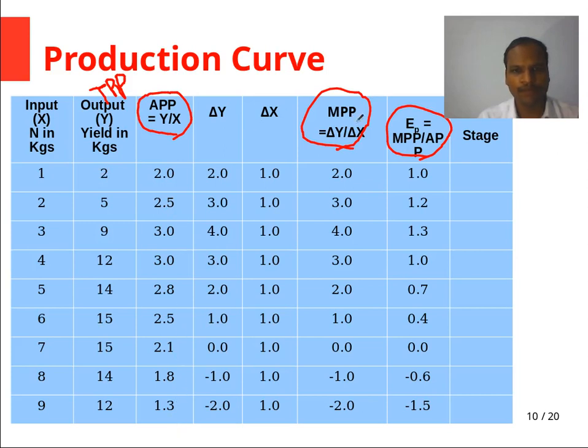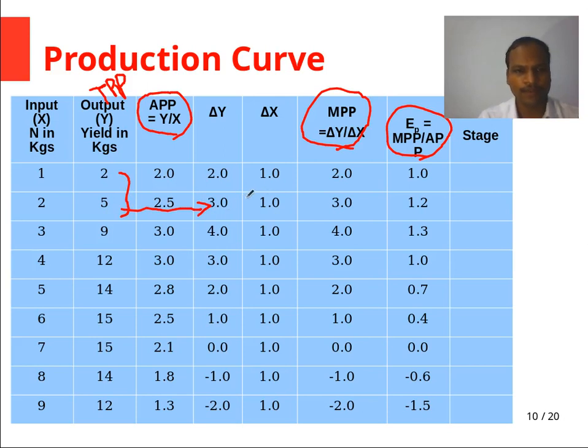For finding MPP, we have to use the formula delta y by delta x. So delta y is nothing but change in y. So change in y is calculated by the formula current value minus previous value. So current value is 5, previous value is 2. So the delta y is 3, change in output is 3.